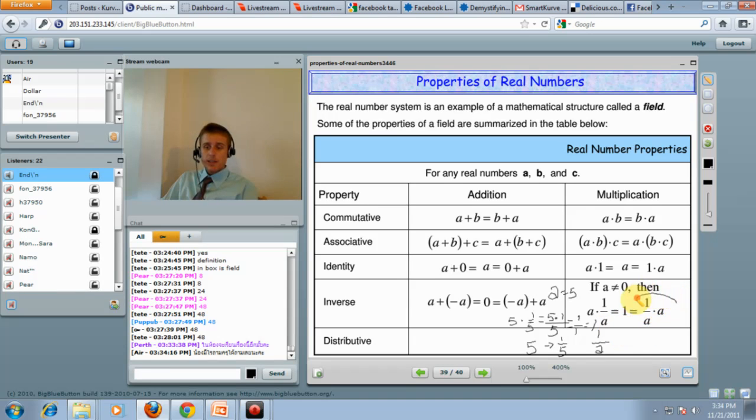The rule states that you can switch the order and do the inverse times the number, same answer. So 1 over 5 times 5. Again, 5 over 5 is what it would equal, which becomes 1 over 1, which becomes 1.